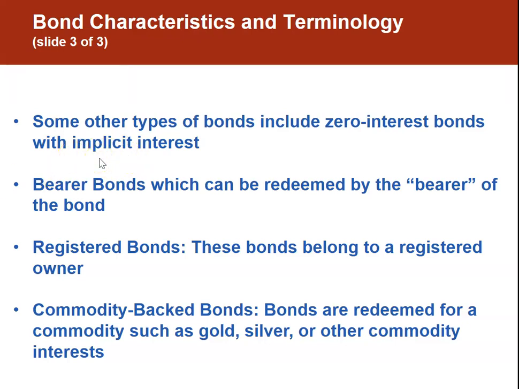It is implied because you're paying so much less for the bond than the face value. Bearer bonds can be redeemed by the bearer of the bond. Now these are highly negotiable, but whoever has the bond has full rights to those bonds. So we don't want to lose these.